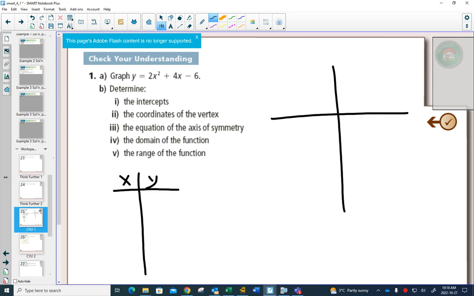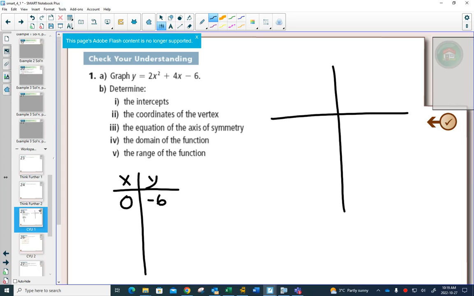But we can always plug in values. And a number that's very easy to plug in, it's a nice starting point, is 0. Because that's really easy mental math. 0 plus 0 minus 6 would be minus 6.